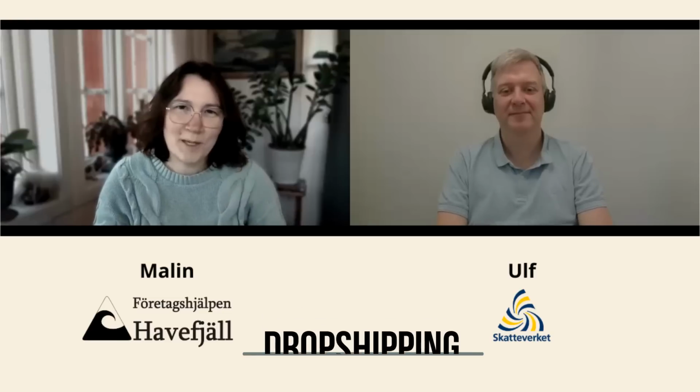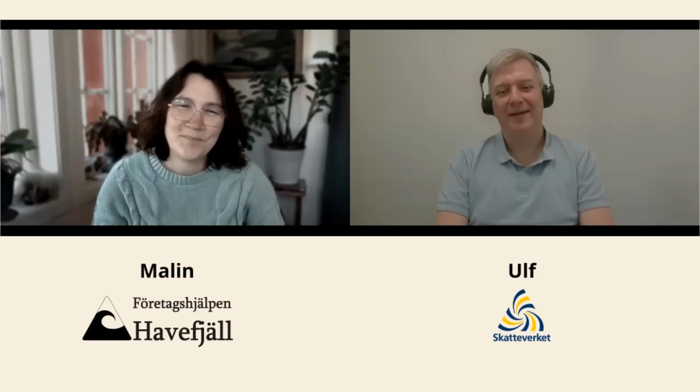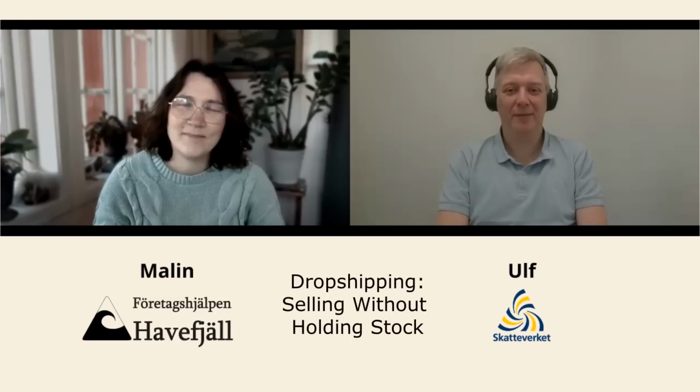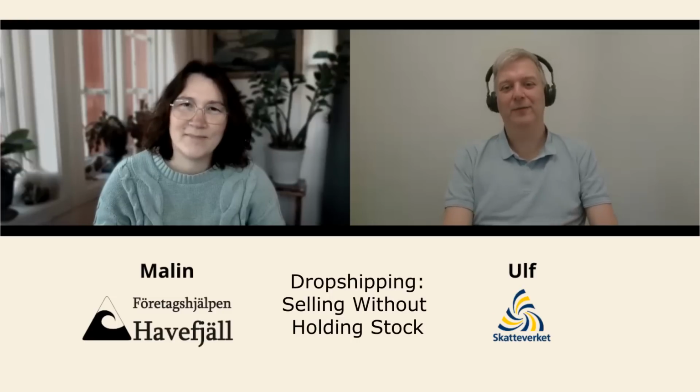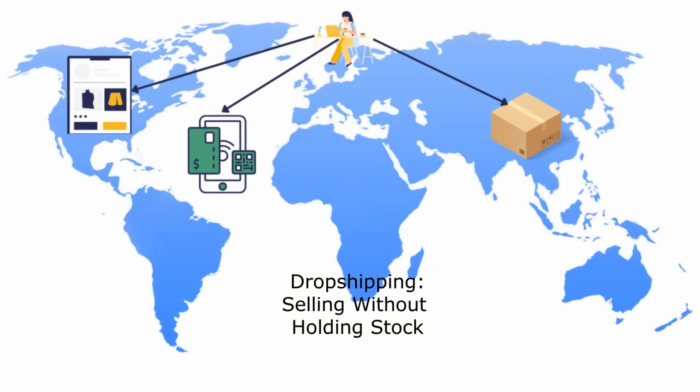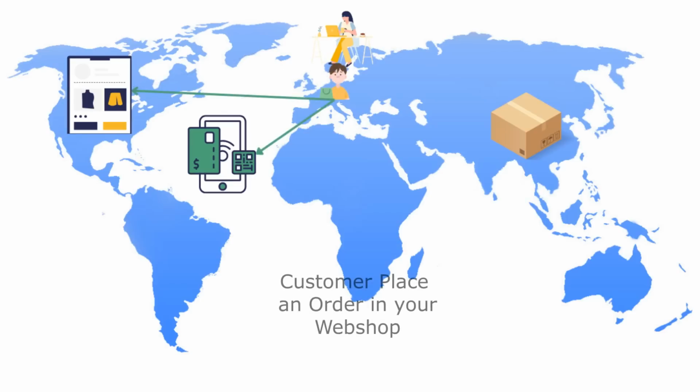What is dropshipping? Yeah, dropshipping means that you can sell something without having to have it in your own stock at the moment when you sell it. So it's basically that you have some kind of agreement with a supplier in another country. That means that you get a customer to go into your web shop and they order something, they want to buy something from you.